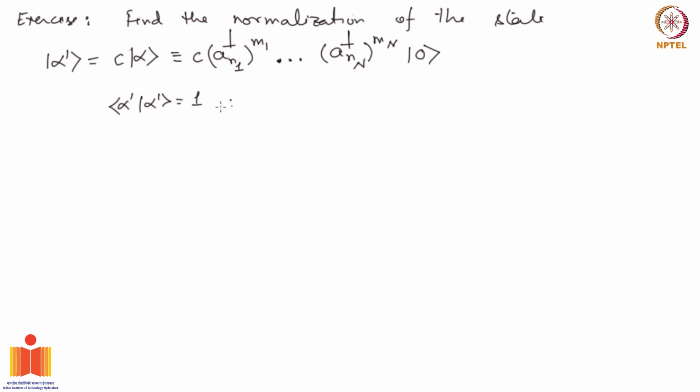So that's what you have to do. Find the normalization of the state, this one. Now that I have put all the C's, it sounds strange, but you understand, right? You have to just find the C. So that will be an exercise.